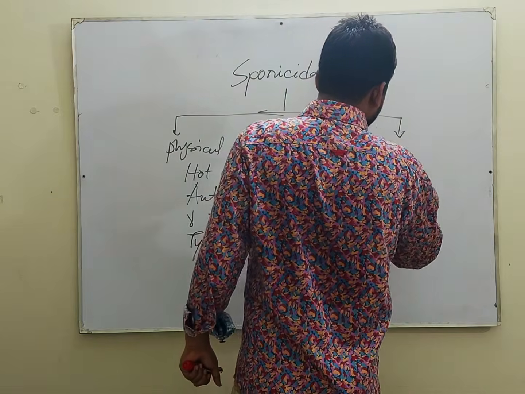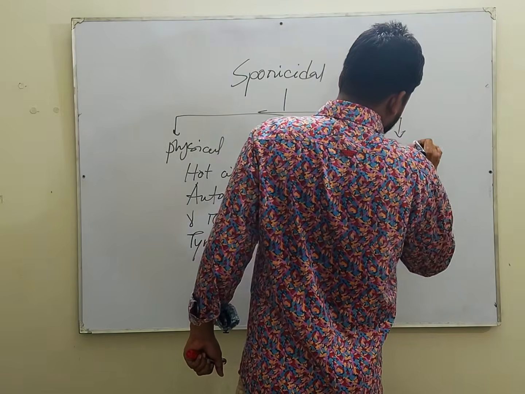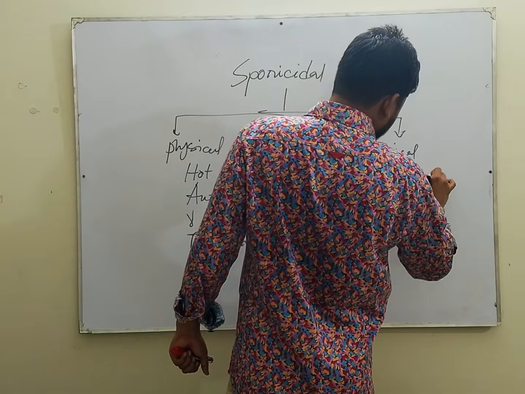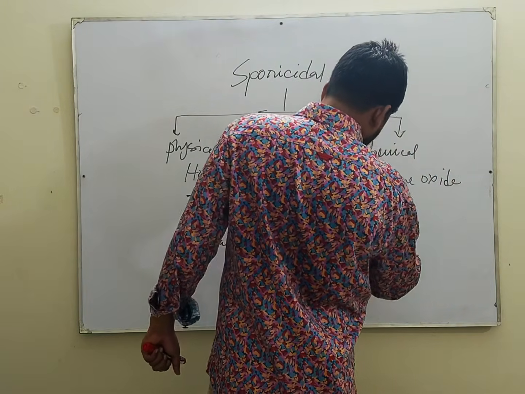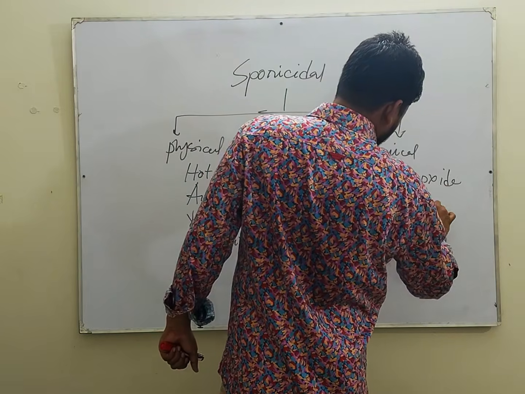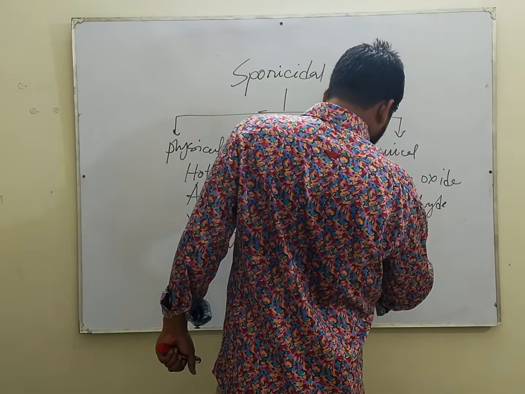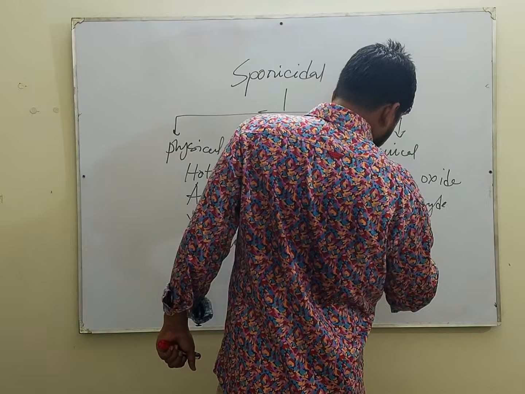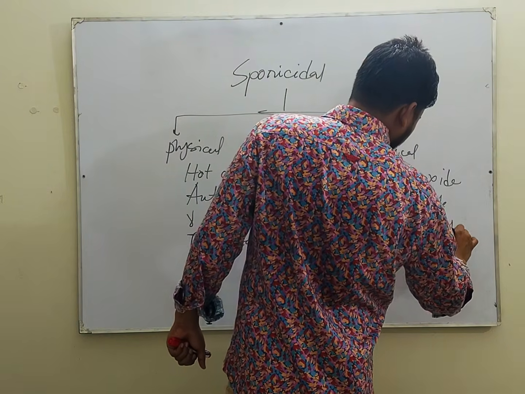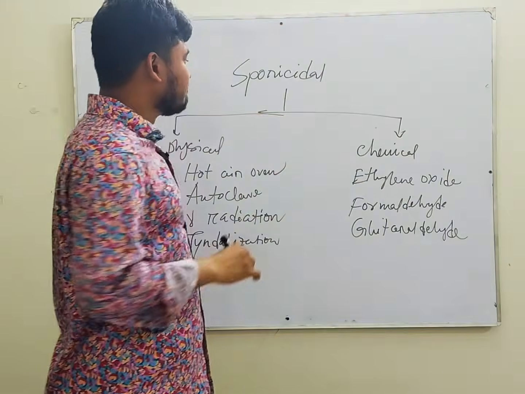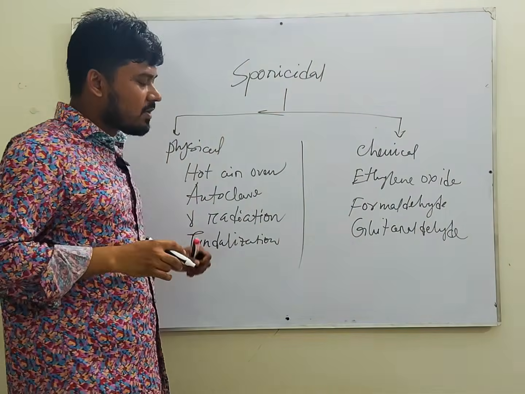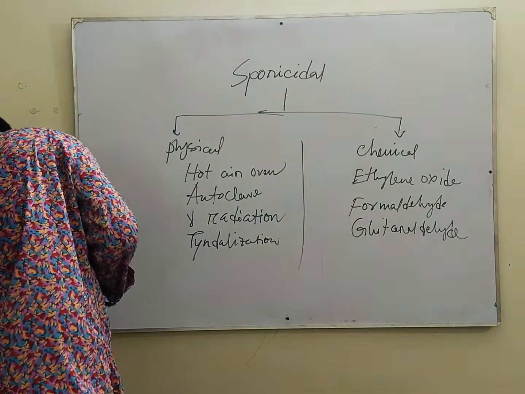And among chemical method, ethylene oxide, formaldehyde, glutaraldehyde. These methods are sporicidal methods, that means they destroy bacterial spore.